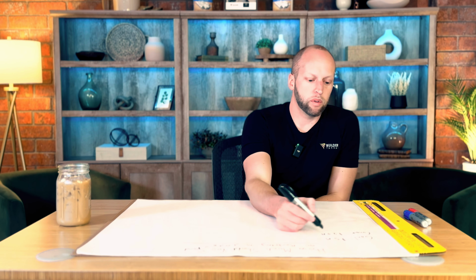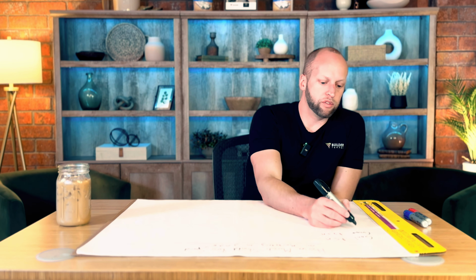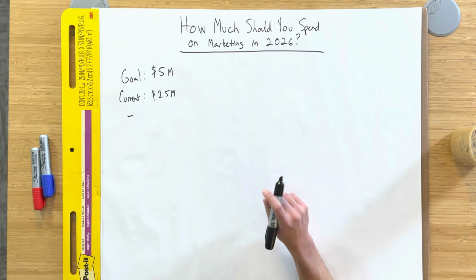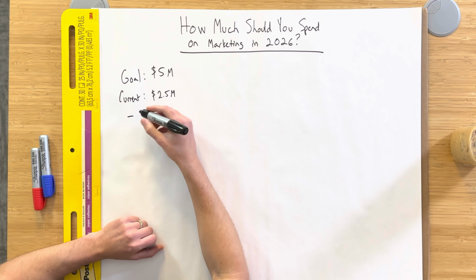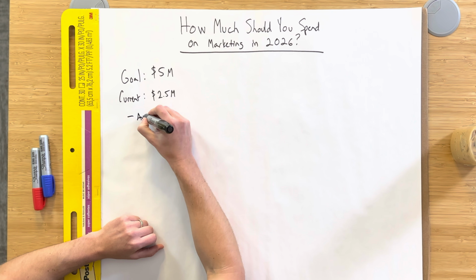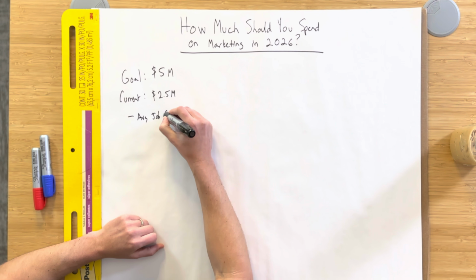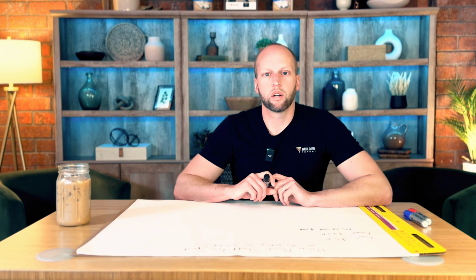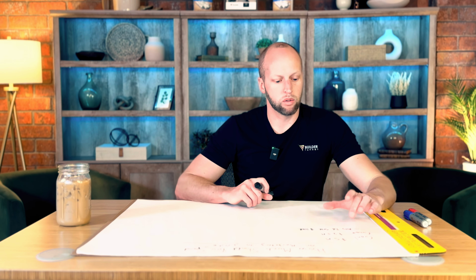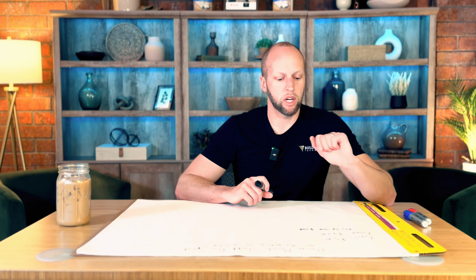So now that we've got current, we need a few more stats about our current situation. One of those is just going to be our average job size, and we will use $100,000 as an average job size. So last year we did about 25 projects.